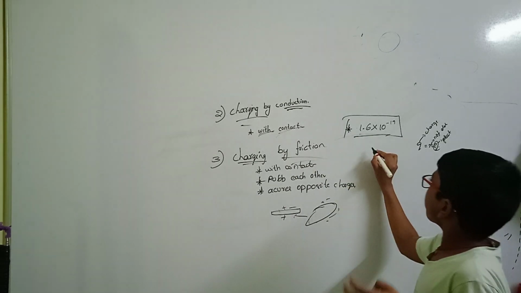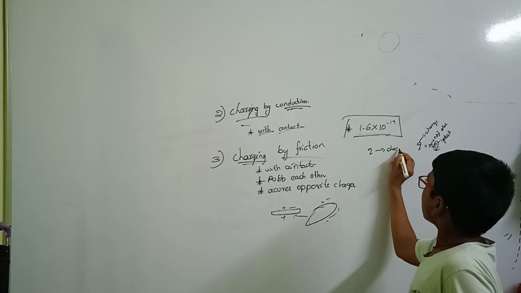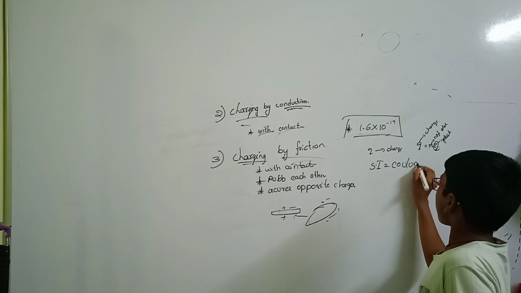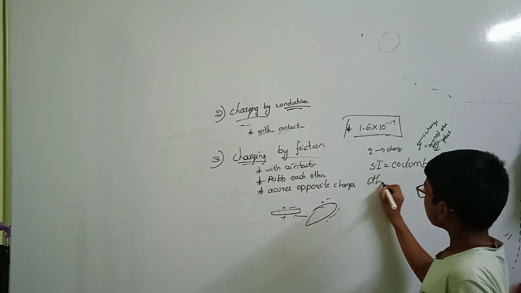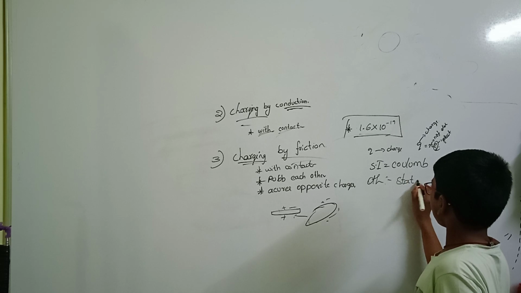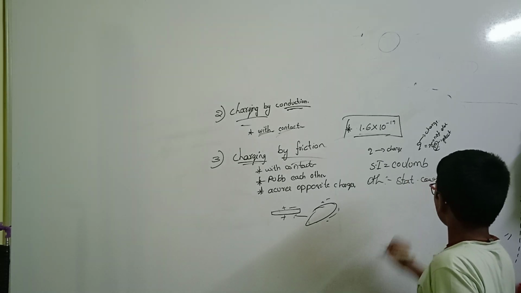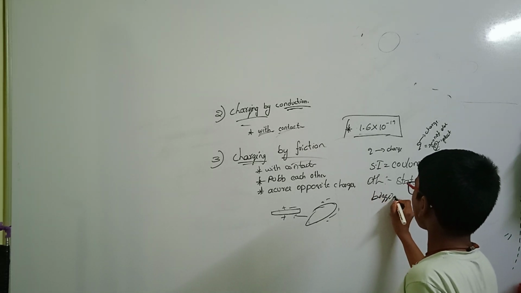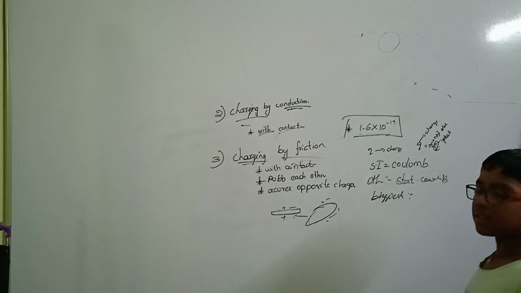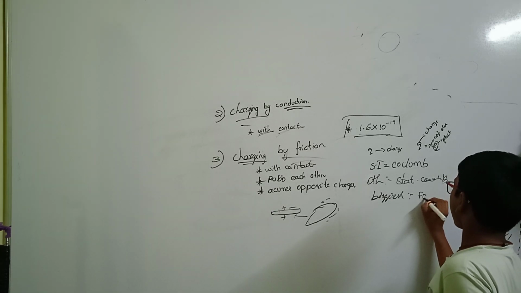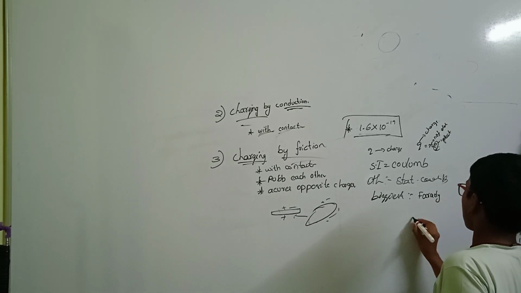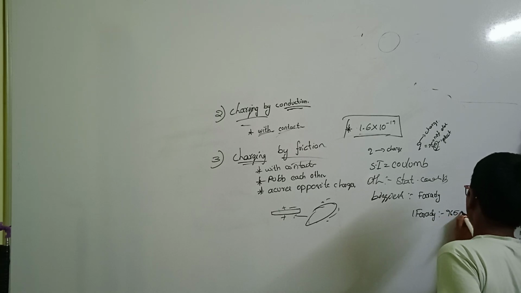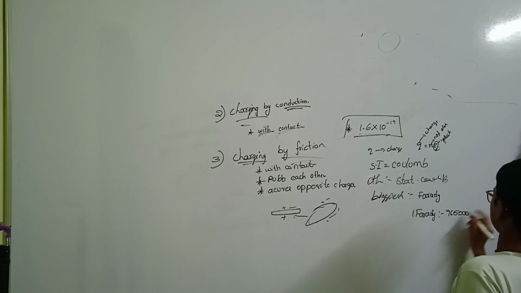And next, what is the unit of Q, means charge? The SI unit is coulomb. Other units are stat coulomb, and the biggest one is Faraday. 1 Faraday equals 96500 coulombs.